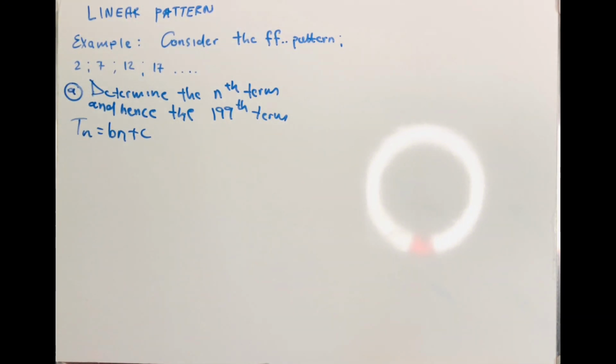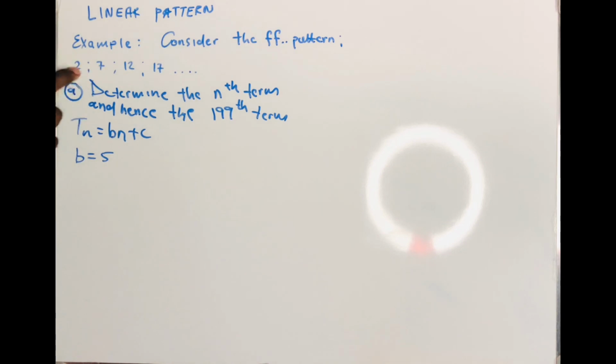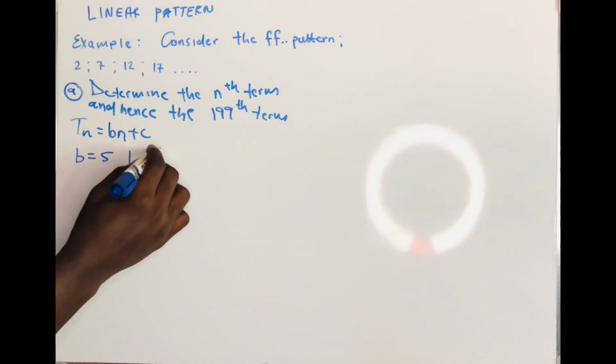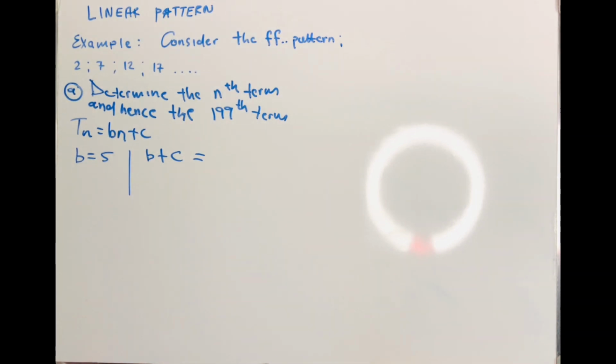B is the constant difference. In this case, we know that B is equals to 5. We know that the constant difference from here and here is what? Is 5.